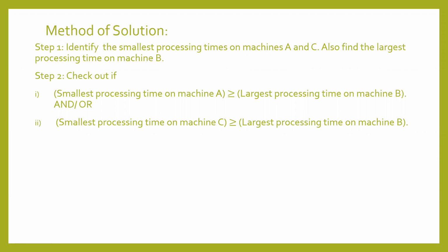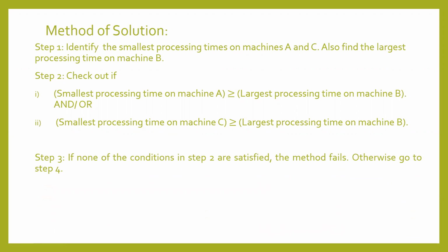If it is satisfied, only then you can go ahead and solve this problem using Johnson's rule. Clear? If it is not, then you cannot apply the Johnson rule and the method which I'll be discussing further. So this step is the most important step in case of n jobs through 3 machines. Now, if none of the conditions are satisfied, the method fails.